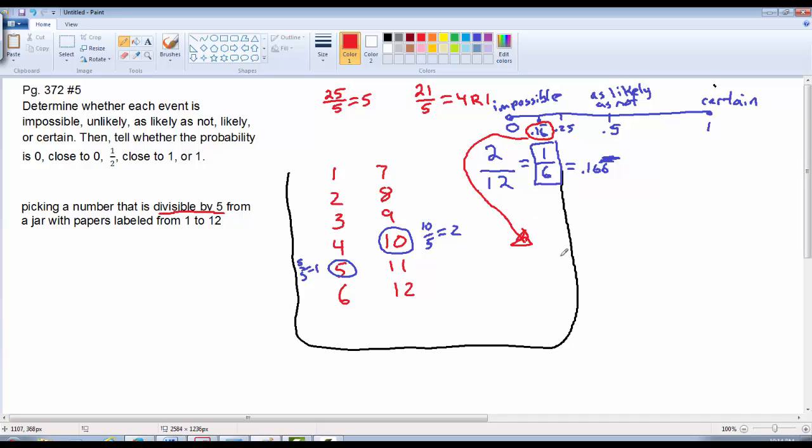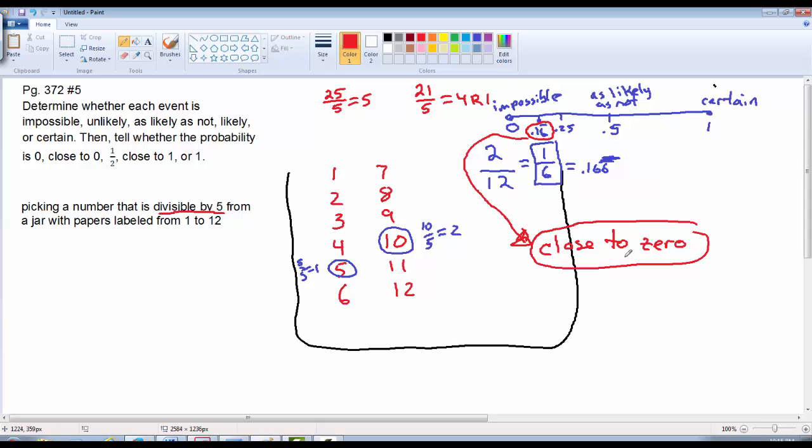So answer-wise, I would say close to 0, because it's closer to 0 than it is to that middle, as likely as not. And then the second question: tell whether the probability is 0, close to 0, 1/2, close to 1, or 1.